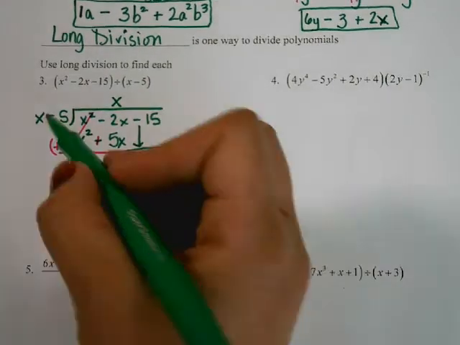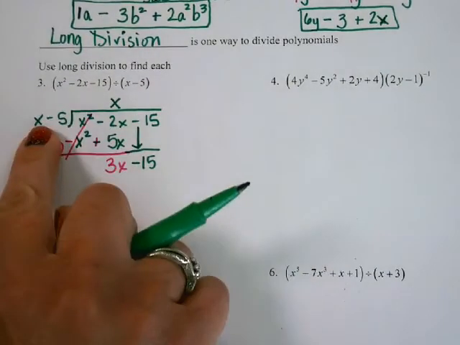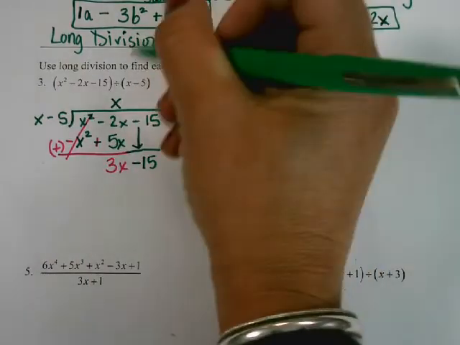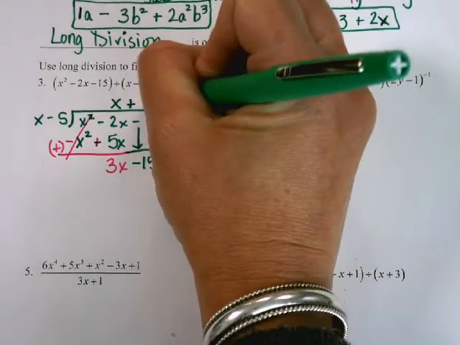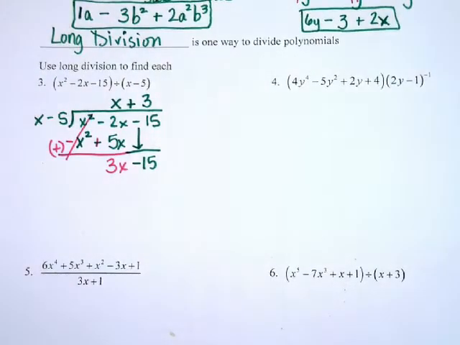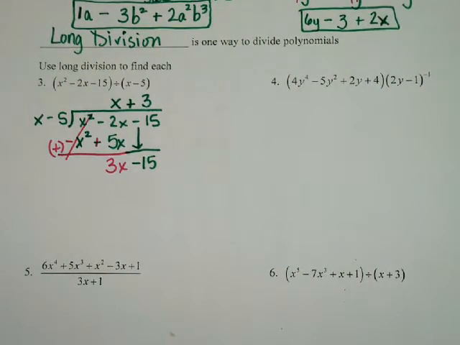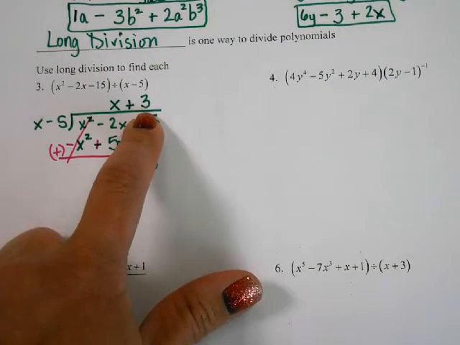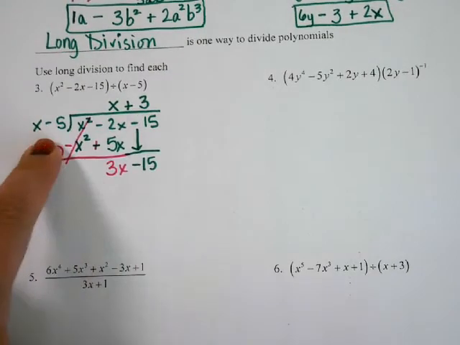Okay. What do I multiply x by now to get 3x? 3. So I'm going to put a plus 3 on the top. So then I multiply what's new, the 3, by everything out front.